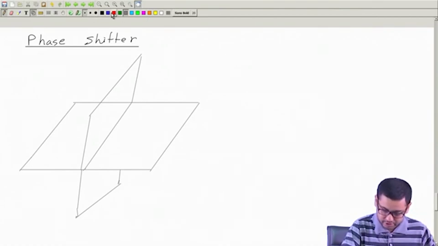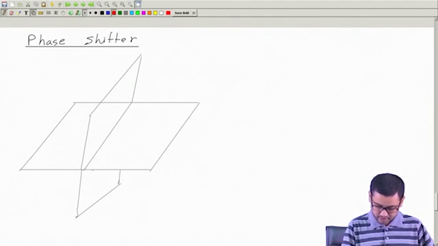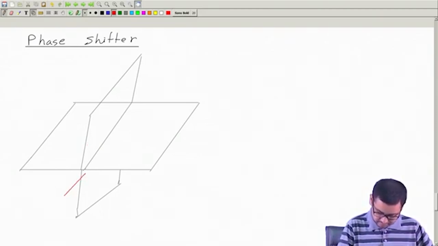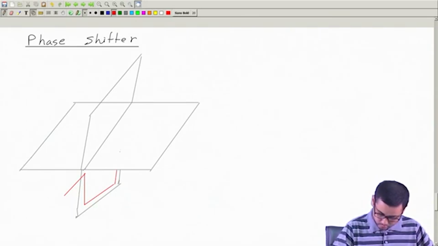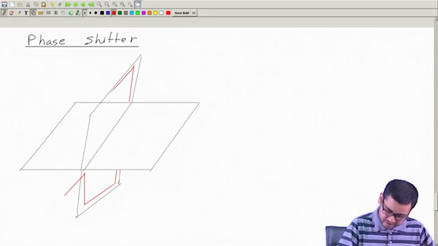Let me draw one coil in red, which I will put on the vertical plane, like this. Let me start from here, then go like this, then like this, and then here.